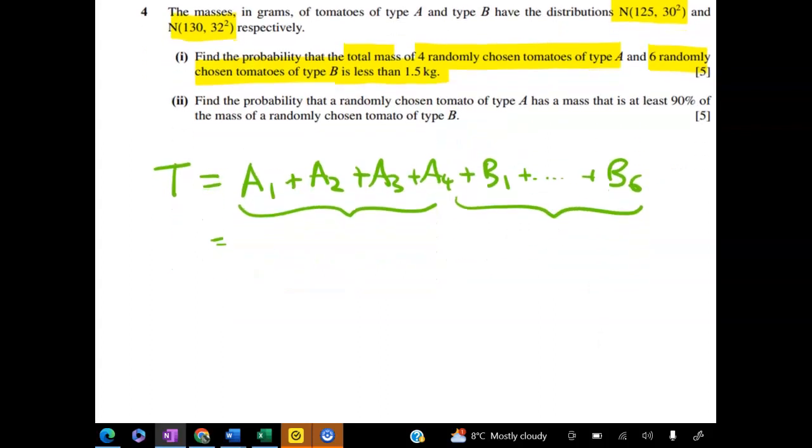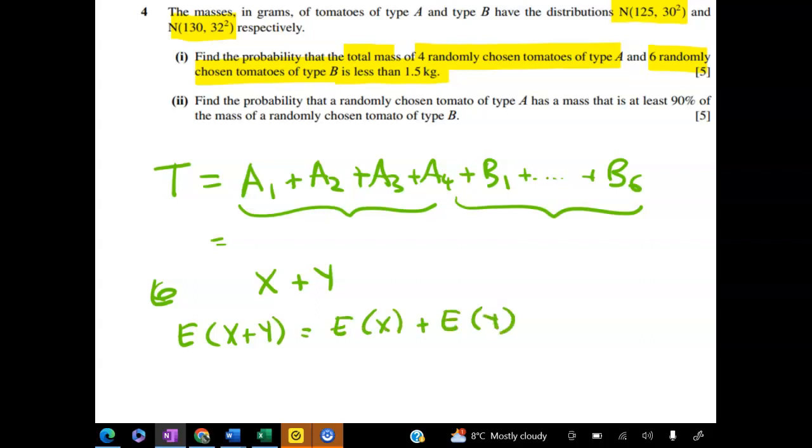And if you go all the way back to, I think it was in chapter 9 or 10, we learnt about how when we've got 2 variables, suppose that we've got x plus y, then the expected value of x plus y is equal to the expected value of x plus the expected value of y, right?